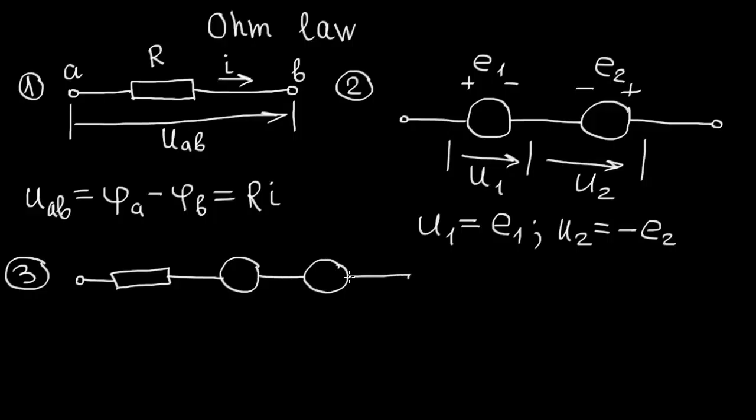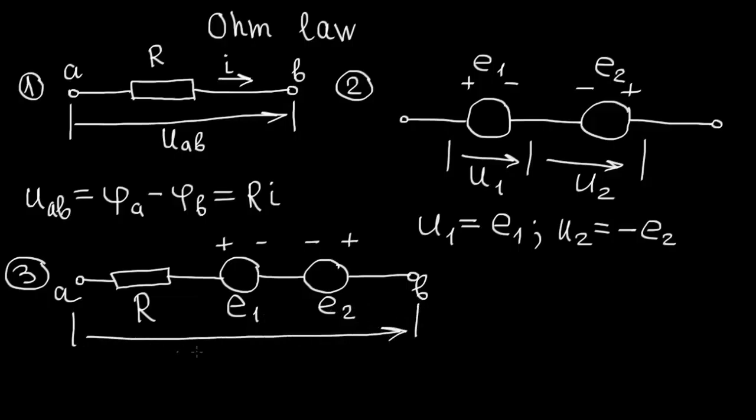It's enough to consider two sources, because polarity may be only this or this, E1 and E2, and resistor R. Let's assign the directions of voltage U between nodes A and B and positive direction of current. It's convenient to take the same directions.